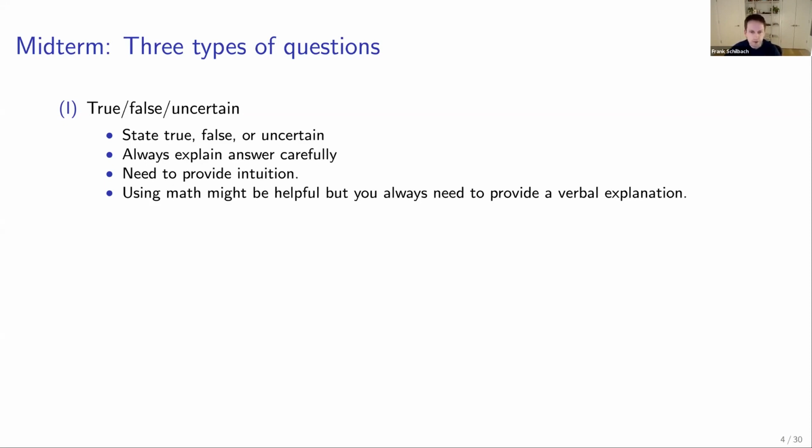So the quality of your answer is quite important. We also want you to provide intuition, so we do not want you to just write some math and nothing else. You can use some math to clarify your answer, but you always need to provide a verbal explanation and some intuition of why you think the statement might be true, false, or uncertain.